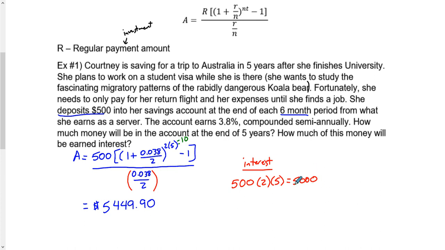So $5,000 is how much she has actually put into her account, and the account is worth $5,449.90. Of course, I know that many of you would be able to do this in your head. I'm just making sure I show the work. But $449.90 of it would be interest. And that's how it's done.